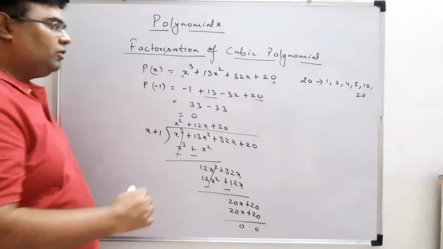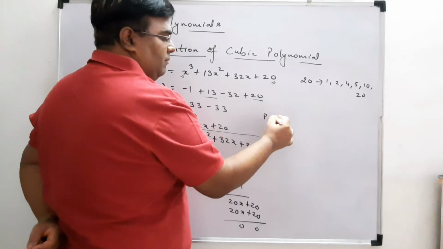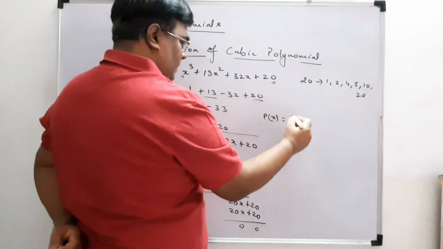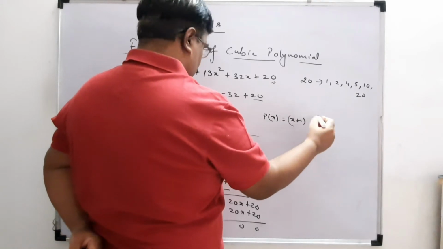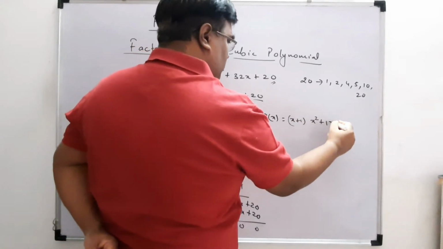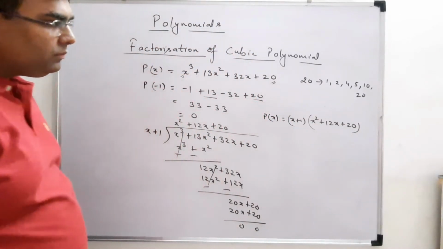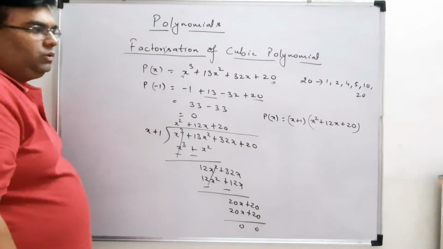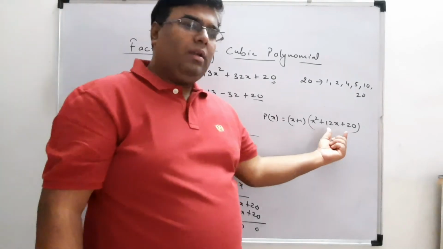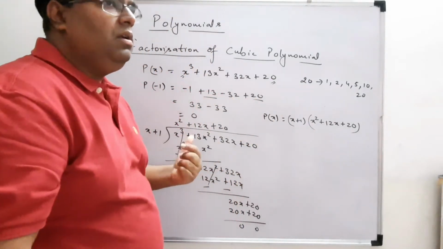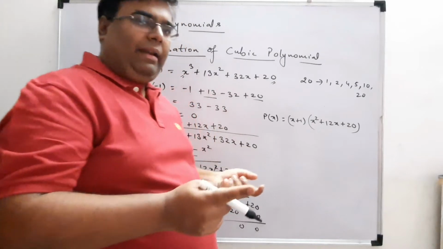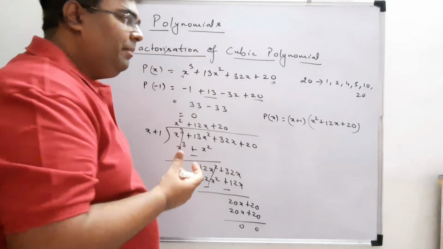Right, so we have got our p(x) as (x + 1)(x² + 12x + 20), right? So now for the quadratic, either you can apply the same method or you can apply the factorization method by splitting the middle term.